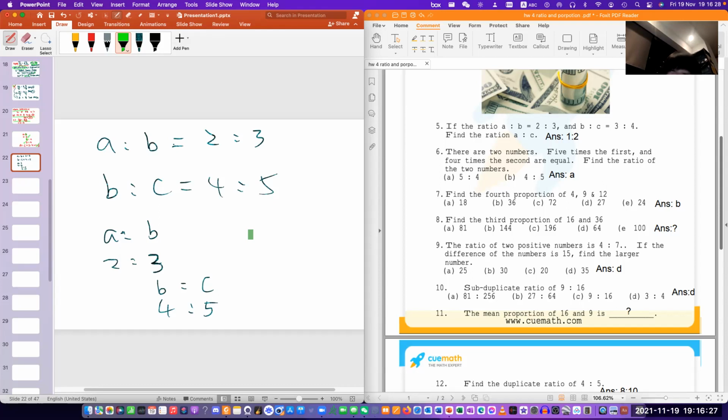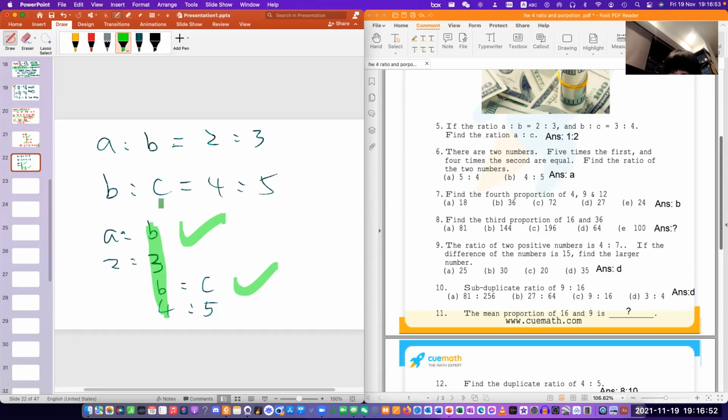Okay, good. So you put the A to B on top, and then you put the B to C below, and then you align the B together. Once the B is aligned, you will see that above the B is 3, and below the B is 4. So you have a different B in this case.